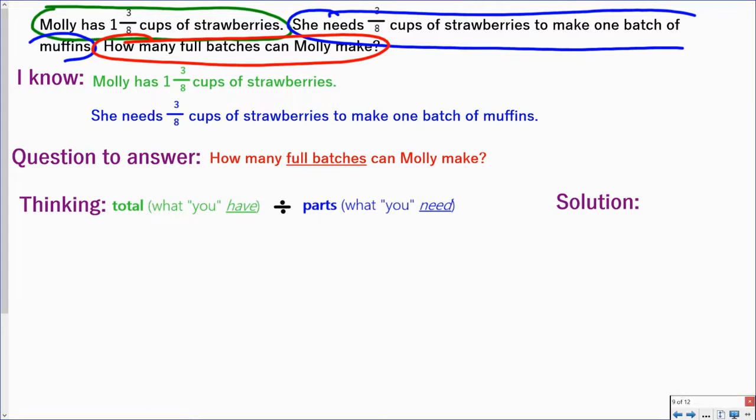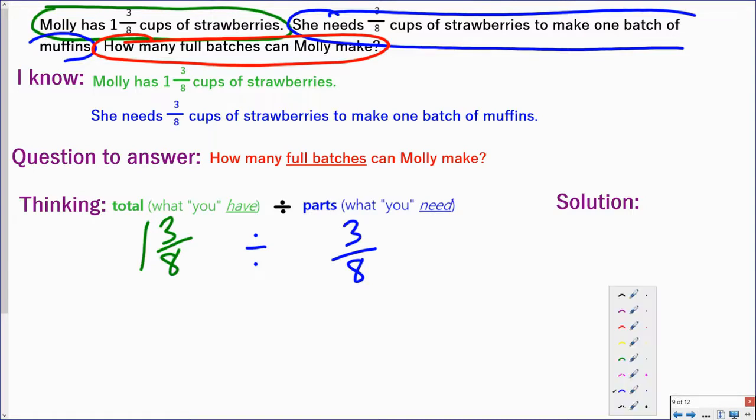What Molly has in the problem is 1 and 3/8 cups of strawberries. What she needs to do is break that up into the 3/8 cups that she needs to make one batch of muffins. And so I'm going to take 1 and 3/8 divided by 3/8.